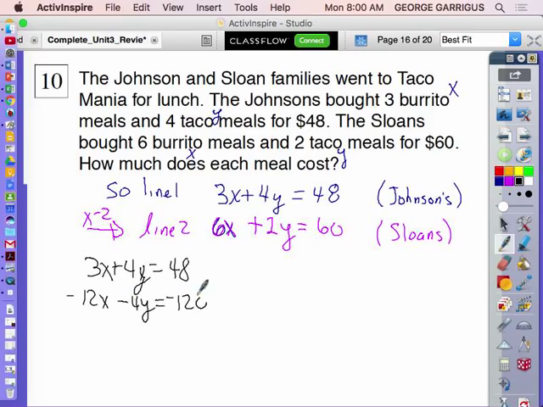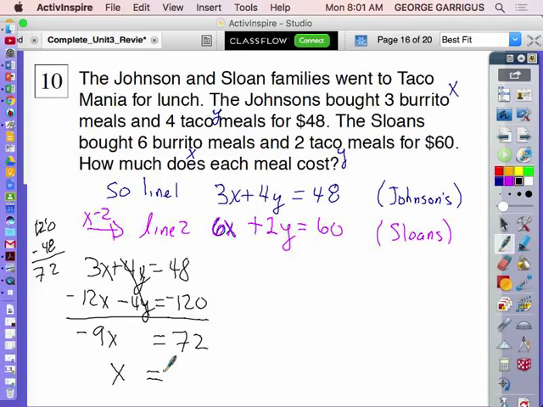Negative 120, apologize for that. And we end up with negative 9x. The y's are eliminated, equals 120 minus 48, that's 72. So x equals 8.